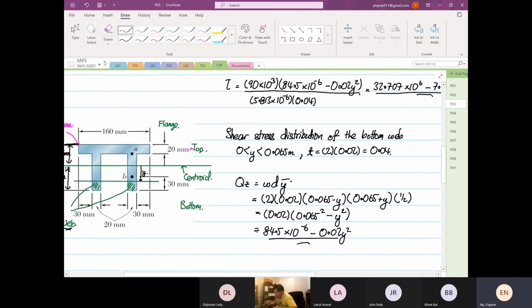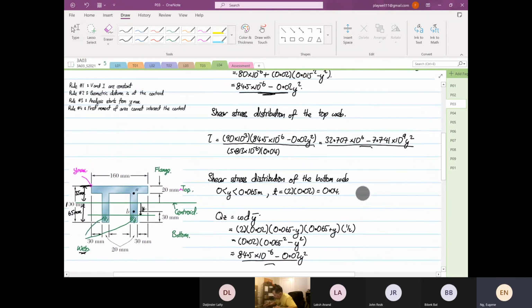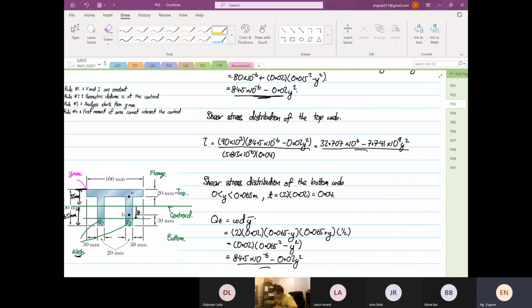This number looks familiar to you all, right? If you look at here, where I'm highlighting, we just calculated this, and how we get that formula is different. Over here it is 80 times 10 to the power minus 6 plus, a different formula, but the final answer is the same.